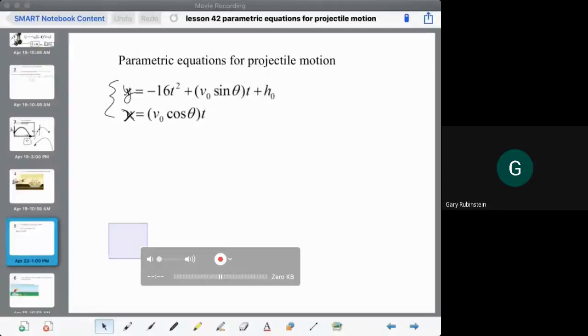When you launch a projectile with a force of v0 and an angle of theta, that force, and you might remember from last semester in pre-calculus, there's something called component forces. It can be broken up into its horizontal component and its vertical component.